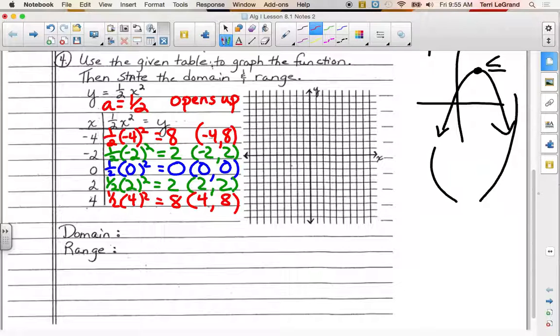I have my 5 ordered pairs before you start graphing. Feel free, if you're going to be confident, go ahead and graph yours. There we go.